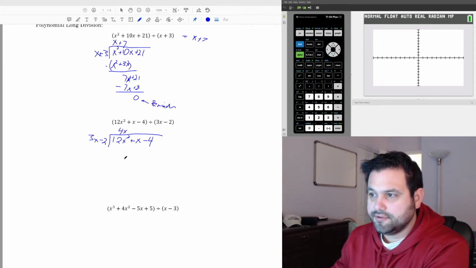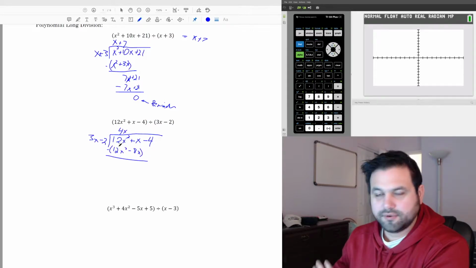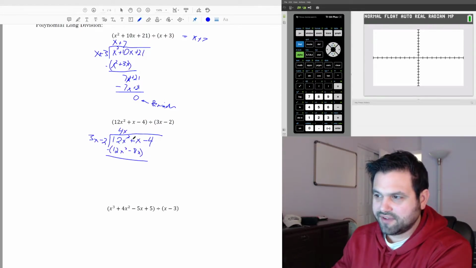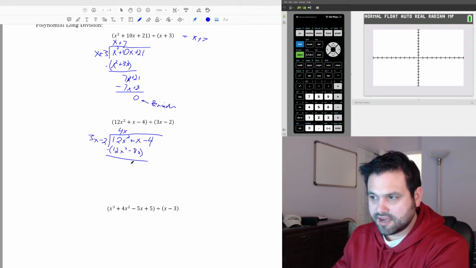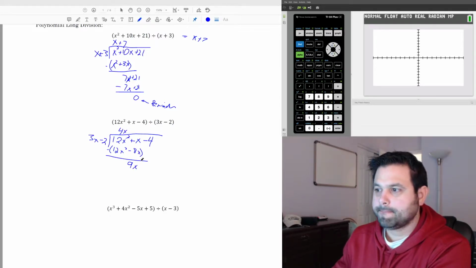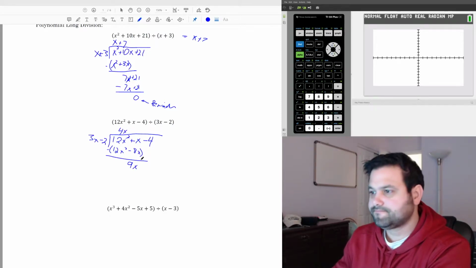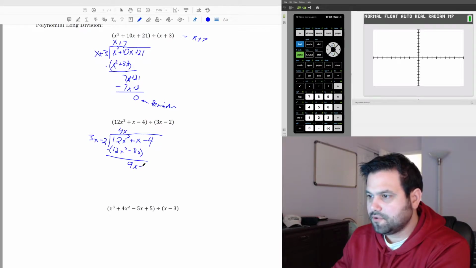Okay, and then we're going to go ahead and do that. 12x squared minus 8x. And we subtract the whole thing. So here's where we got to make sure we're doing this correctly, because now we have x minus a negative 8x. So what we're going to have is we're going to have 9x. Okay? Because minus negative.